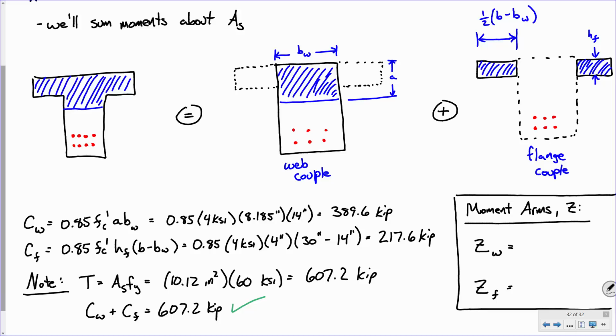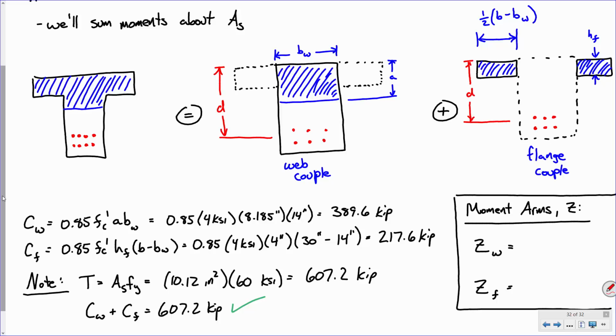Our moment arms are the distance from the center of this steel to the center of this compressive force. Keep in mind this dimension here, that's d. This dimension here, that's d.